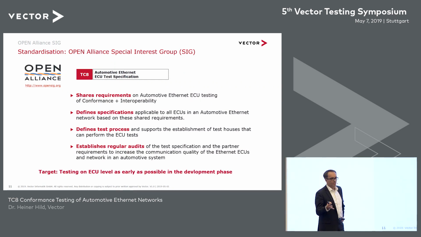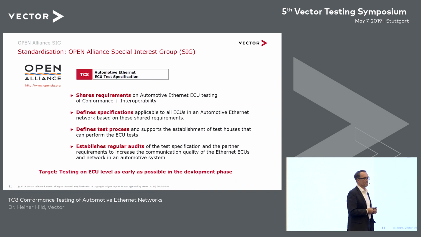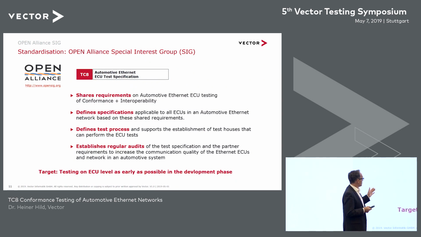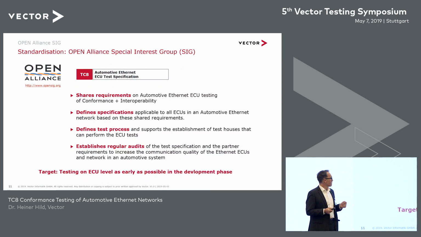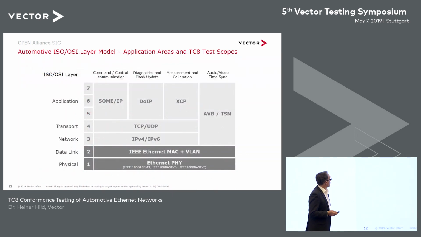This is our goal, our target, and we've heard several times over today that early testing is better. That was part of the first presentation, the agility presentation, but also in other presentations. We quite agree on that. We want to make an offering where, as early in the development phase as possible, in an ideal case, you do continuous testing, as mentioned several times before, where you can then test Automotive Ethernet components accordingly.